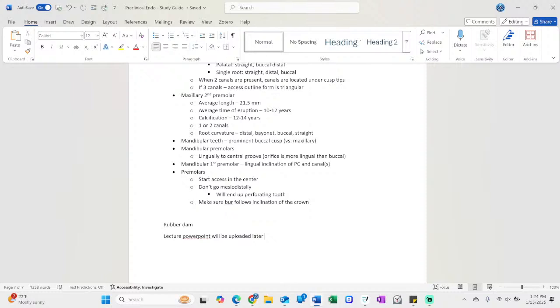So this is our rubber dam here. How you guys feel now is how your patients feel sitting behind this rubber dam. If I see something like this, we're going to fail the lab.